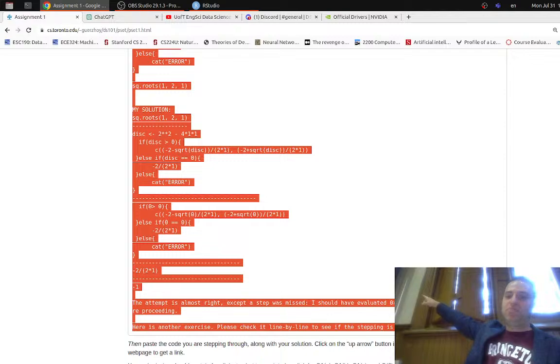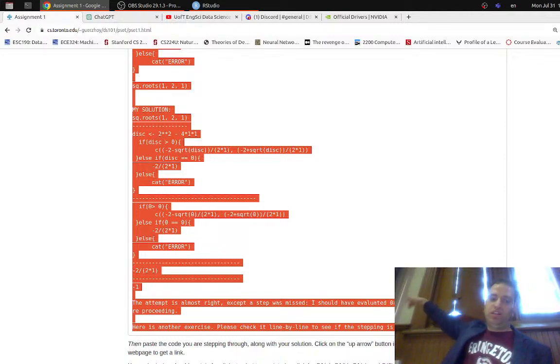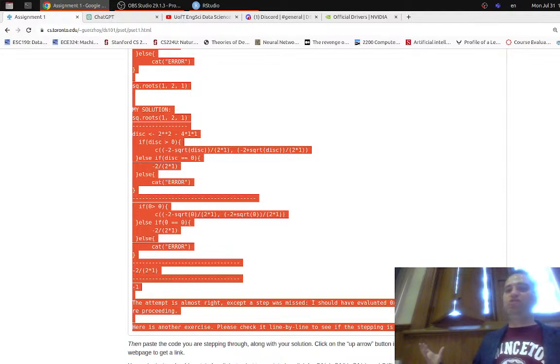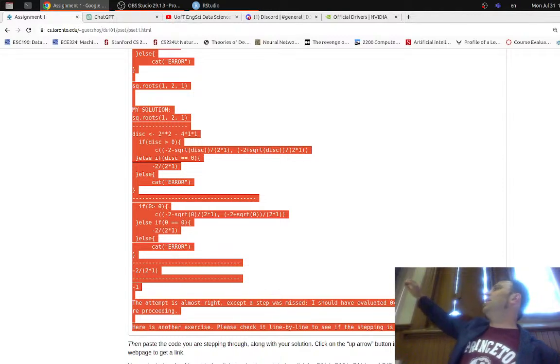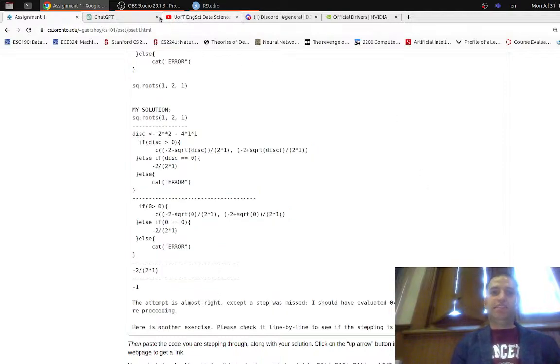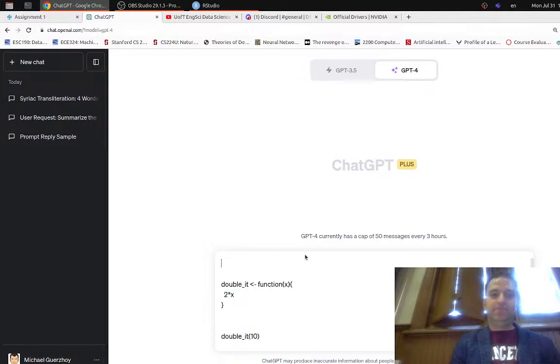Please check it line by line to see if the stepping is correct. And that is when you give your exercise. The reason you're giving this very large prompt is that otherwise GPT-4 would just not do a very good job of checking your work. So the way I designed it is I gave a lot of examples of in what ways it should be checking.